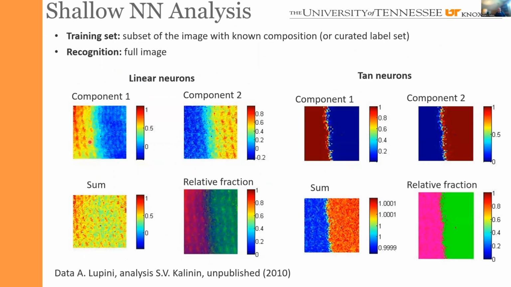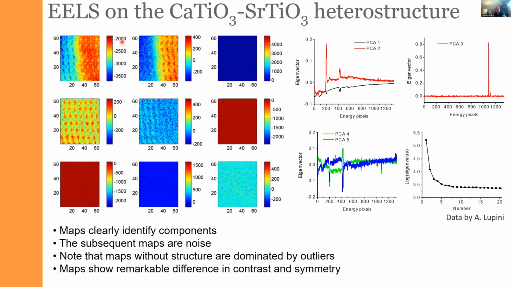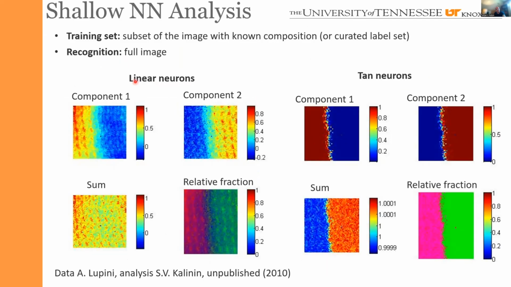And this physical meaning is actually the fraction of the phase. And it actually works. So in this case, my outputs actually have a meaning. Notice the scale bars. Here, the scale bar is whatever the PCA signal components are. Here, the scale bar is essentially the linear fraction of the calcium titanate versus the strontium titanate. And the sum signal tells me how wrong I think I am.